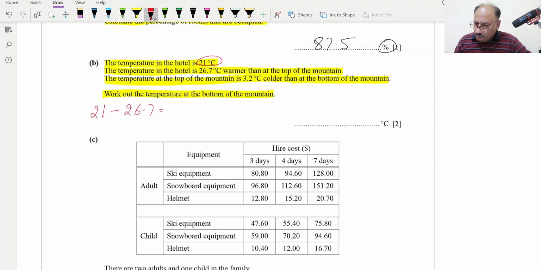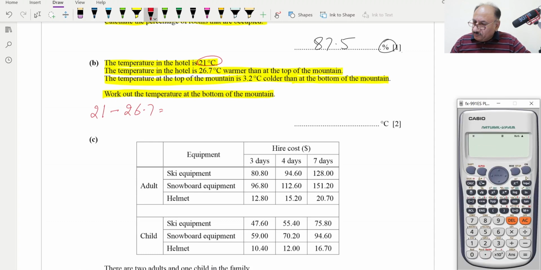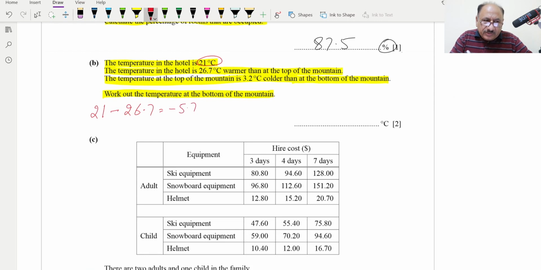This will be equal to 21 minus 26.7, and it will be minus 5.7.